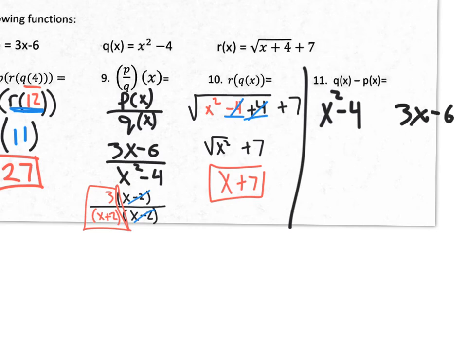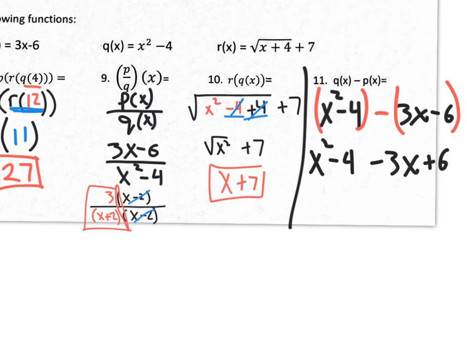Now, because it says minus between them, you need the parentheses. That way it'll help you remember to distribute the minus sign to each term. So you're really going to have x squared minus 4. Nothing happened to the first binomial, but I really have a negative 3x plus 6 as a second binomial.